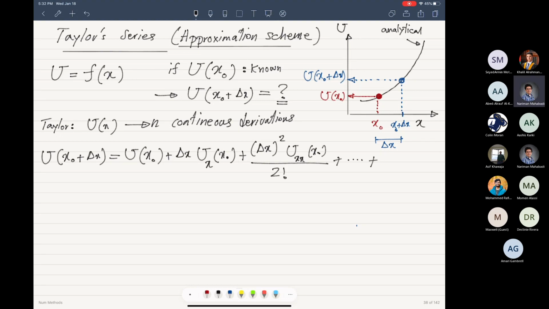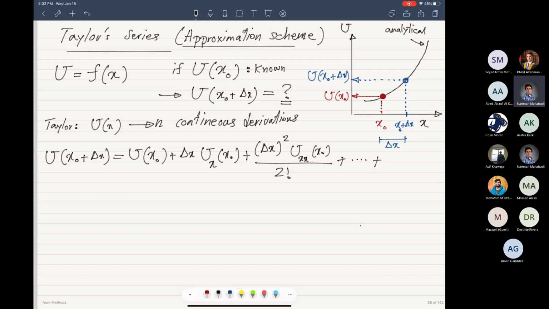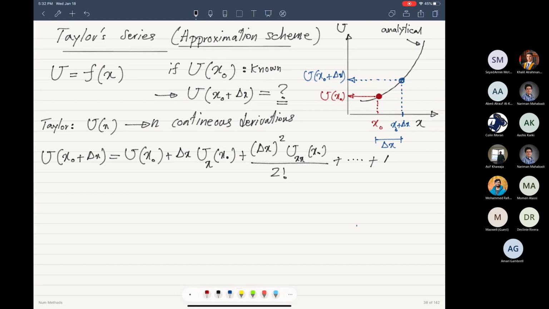So you can write the general form as delta x to the power of n minus 1 divided by n minus 1 factorial times the unknown function's derivative of order n minus 1 at x naught. So this is really the final form of a Taylor series.